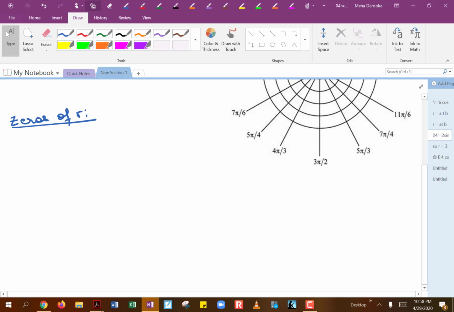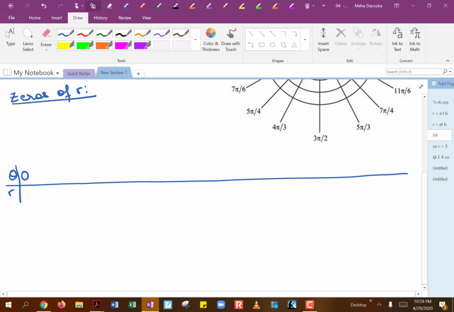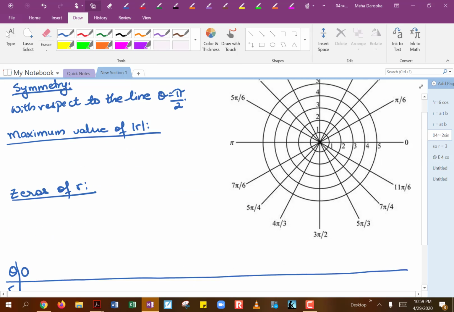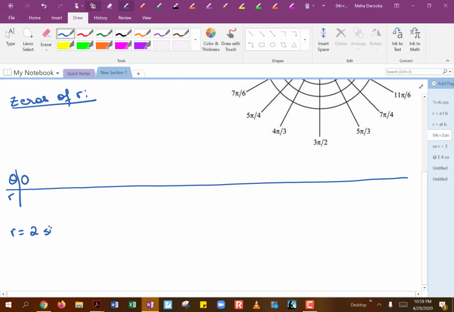So again, we're going to go ahead and create our table. Just to show you our first calculation, the equation is r equals 2 times sine of 3 theta.